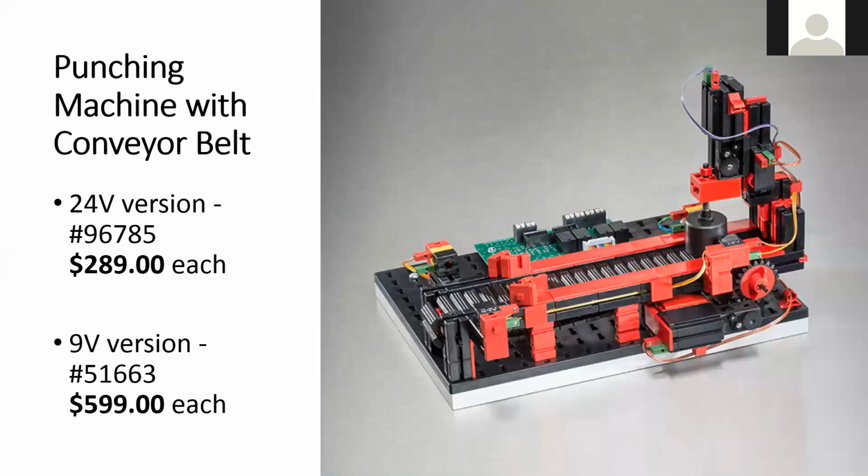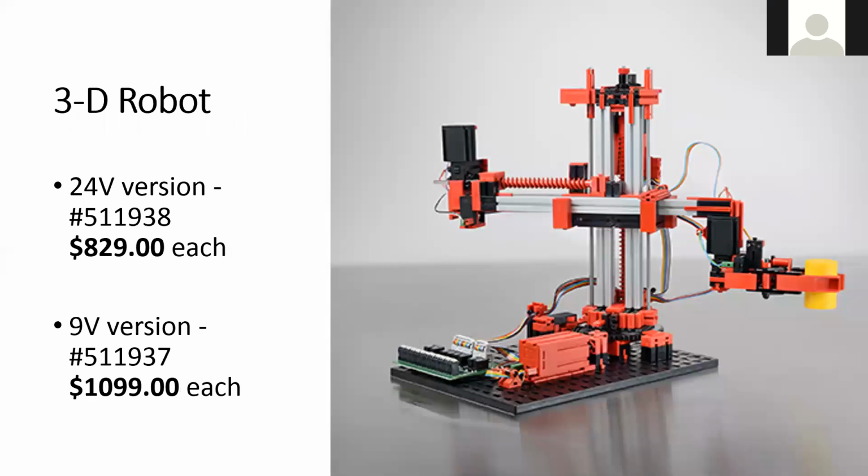The punching machine with the conveyor belt. The 24-volt version is $289 per unit. The 9-volt version, again, while it's available, $599 per unit. And the 3D robot. The 24-volt version is $829 per unit, and the 9-volt version is $1,099 per.